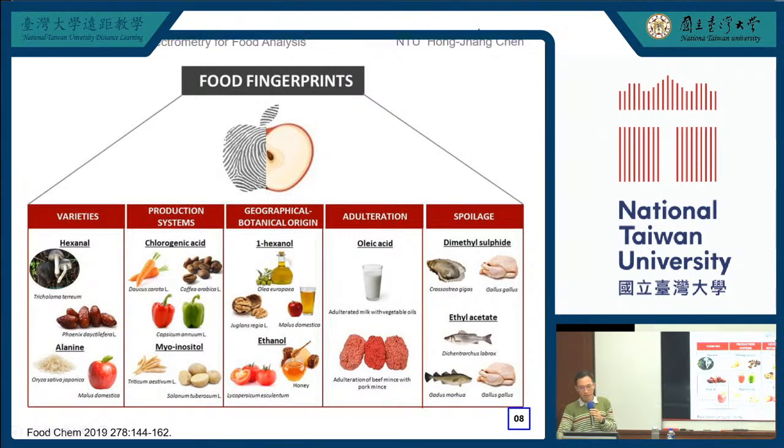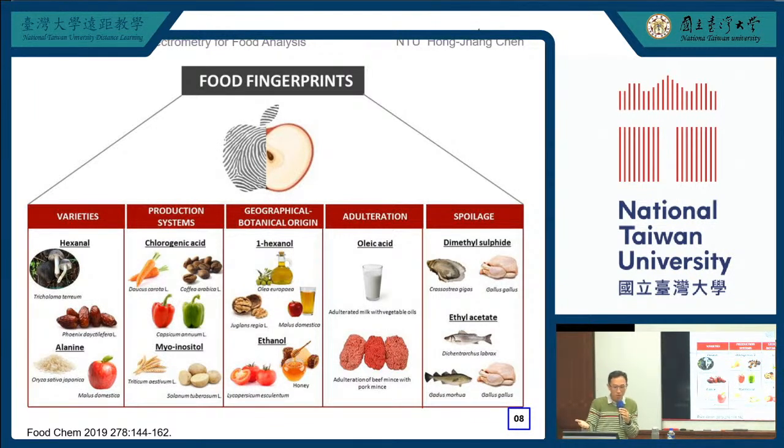Let's think about it. If we know that chlorogenic acid identifies carrot, I can buy another non-carrot material and add chlorogenic acid to mimic it.